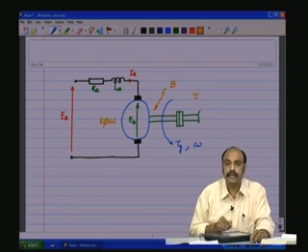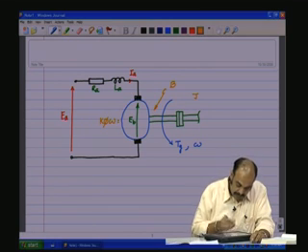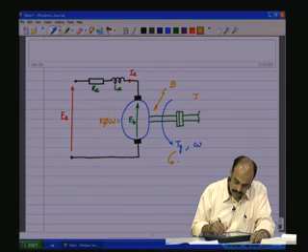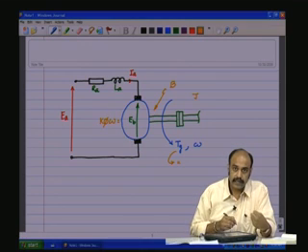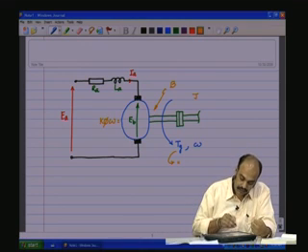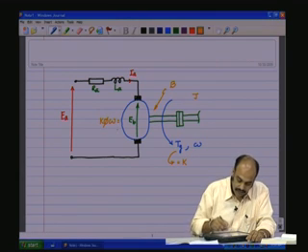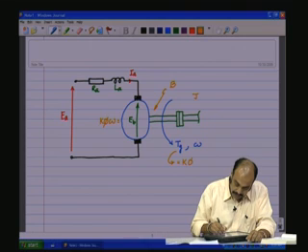We saw this in an earlier discussion. So, that is equal to the back EMF. The torque that is generated can be related to the state variable on the electrical side by the same K phi IA.